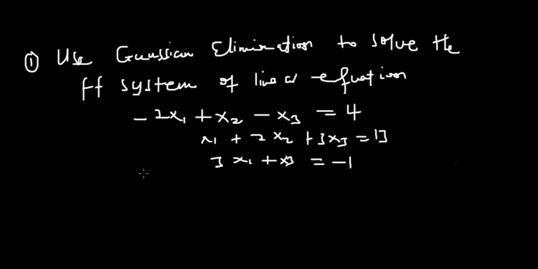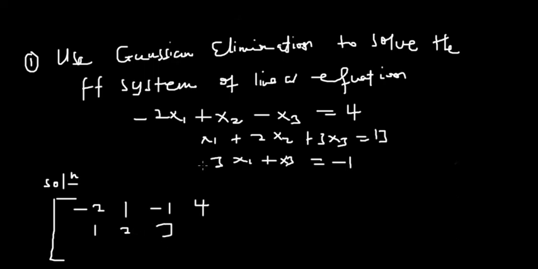So let's write the augmented form of this matrix first. We have to find the Gaussian elimination. So let's write the augmented matrix first. We have -2, 1, -1, and then 4. And then we have 1, 2, 3, and 13.